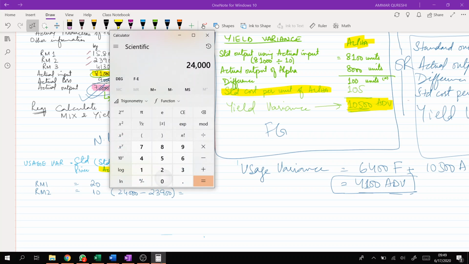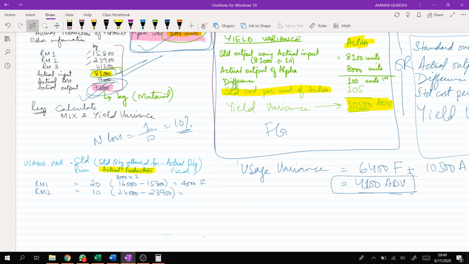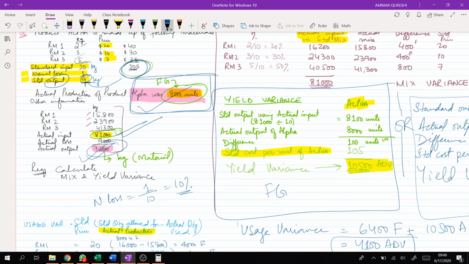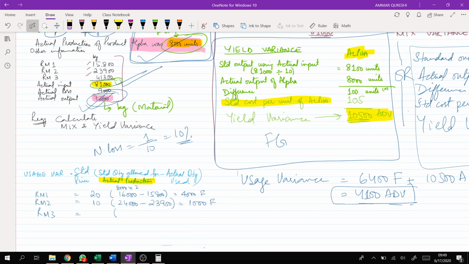So 24,000 minus 23,900 multiplied by 10 is 1,000 favorable. And for raw material 3, it should have been 8,000 multiplied by 5, which makes 40,000 kilograms.